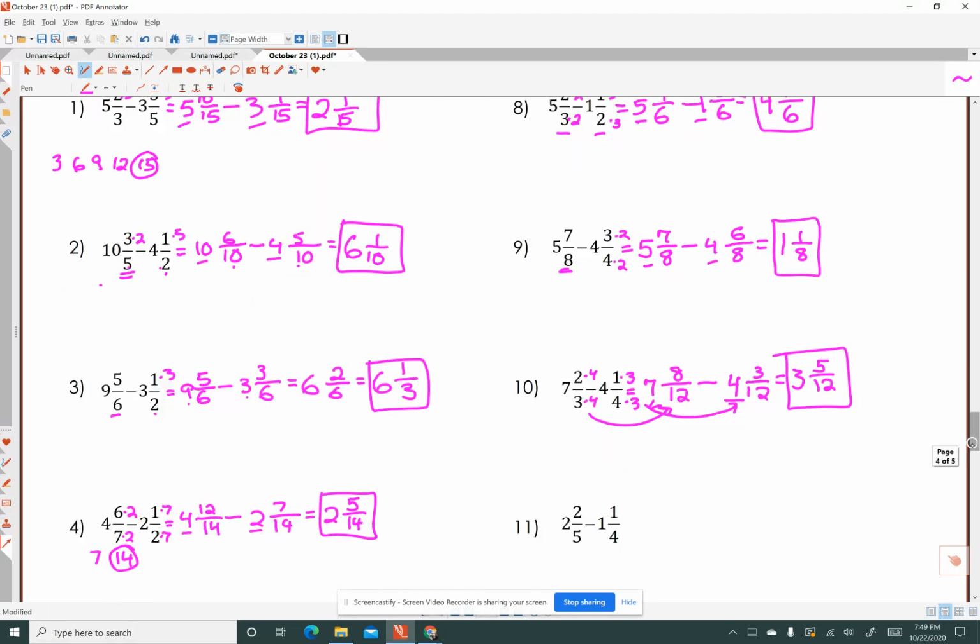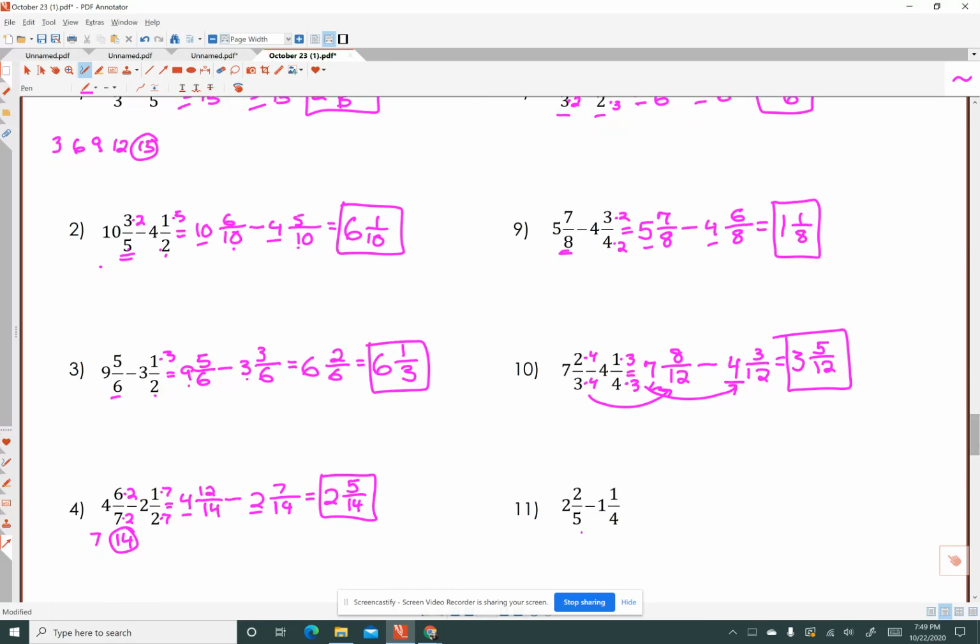And let's do number 11. If we have a denominator of 5 and a 4, let's look at the multiples of 5. 5, 10, 15, 20. That 20 is going to be our least common multiple because it is also a multiple of 4. So we'll work with 20ths. So 2 and how many 20ths? 5 times 4 is 20. That means 2 times 4 is 8.